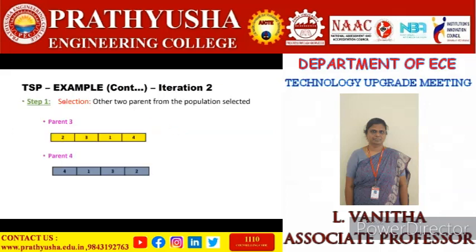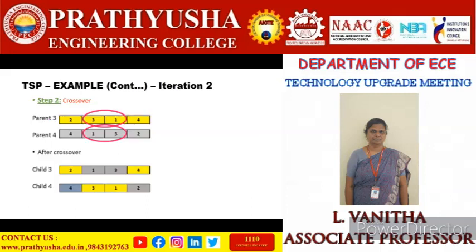Iteration 2 starts with the selection process. Since we have already taken 2 parents for iteration 1, the remaining 2 parents, parent 3 and 4, we consider for iteration 2. Then crossover between parent 3 and 4.